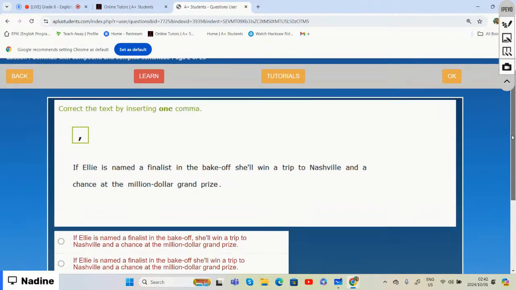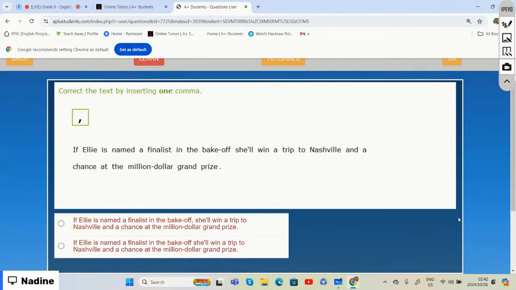If you look at the next one, it says we need to correct the text by inserting one comma. It says, if Ellie is named a finalist in the Bake Off, she'll win a trip to Nashville and a chance at the $1 million grand prize. So if we were to correct the text by inserting one comma, is it option 1 or option 2?